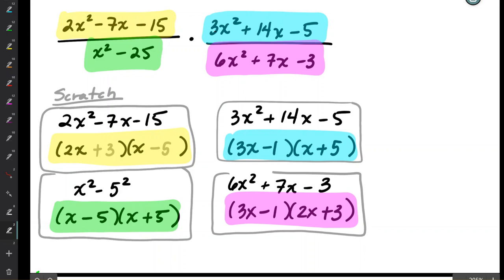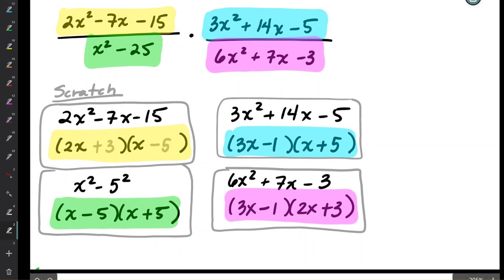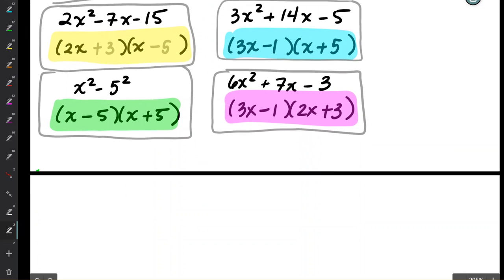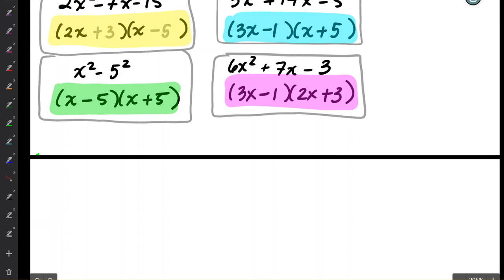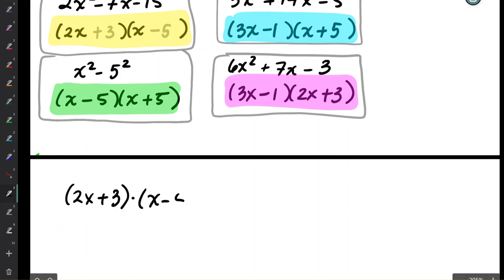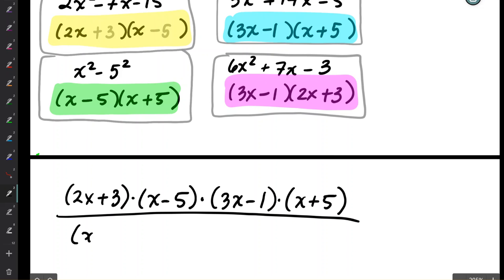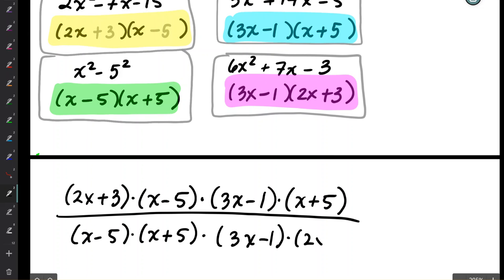Now I'm going to go ahead and just multiply fractions straight across. We've got yellow times blue all over green times pink. And then acknowledge our secret times 1s, and we are home free. Yellow is these 2 objects multiplied together, times blue is these 2 objects multiplied together, all over green, these 2 objects multiplied together, times pink, these 2 objects multiplied together.